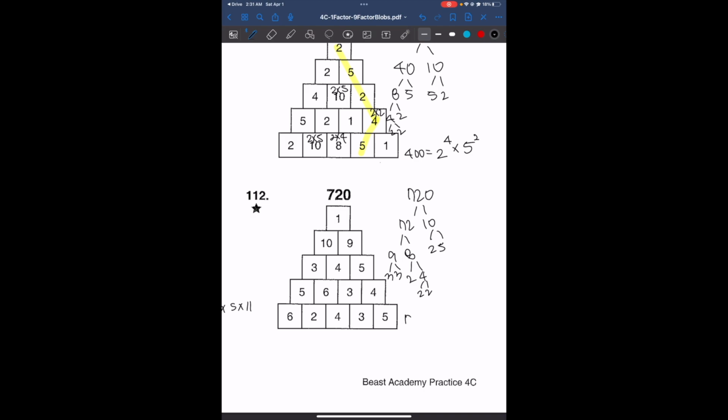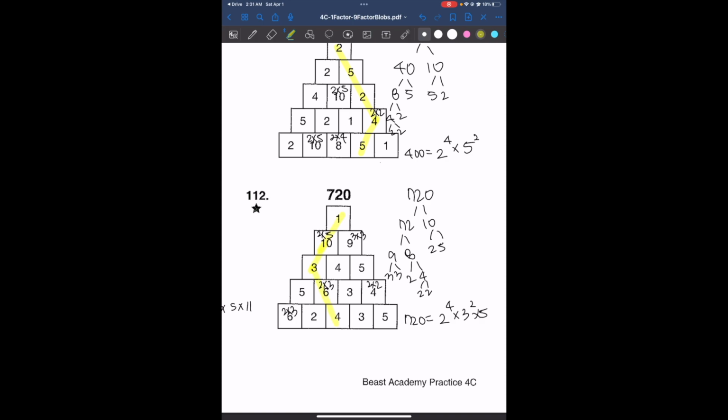So we can express 720 as 2 to the power of 4 times 3 to the power of 2 times 5. And so the pathway that we should take to go over 2 four times, 3 two times, and 5 once is this pathway.